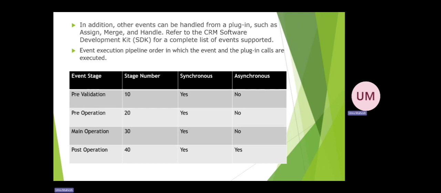For example, in your plugin, the first step creates a record and is executed successfully. In the second step, you want to delete something, and the delete operation fails.